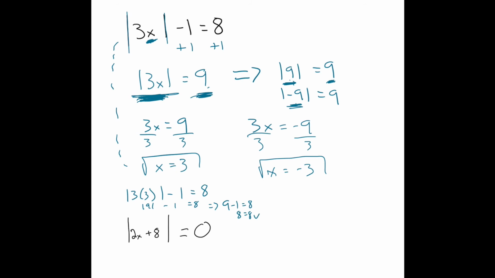That's right. And you can go ahead and do the same thing with your negative 3. So you have 3x, which is going to be our negative 3, minus 1 equals 8. So it's going to be the absolute value of negative 9 minus 1 is equal to 8, which is going to be 9 minus 1 was 8.